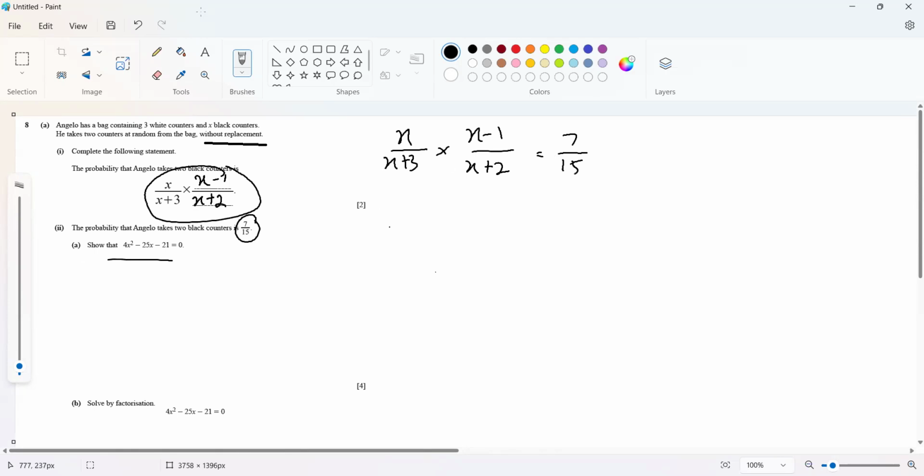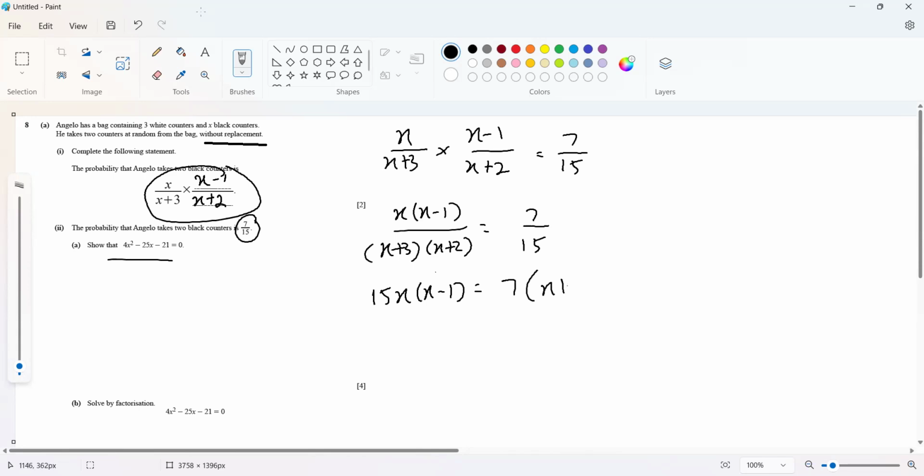So let's take our time to multiply. So we multiply the top by itself, x minus 1, x plus 3, x minus x plus 2 first, like this. Now I'm not multiplying it yet because I'm trying to get rid of all the fractions first if possible. So this will be 15x(x minus 1) with the cross multiply, 7(x plus 3)(x plus 2). This one should be your basics, yeah?